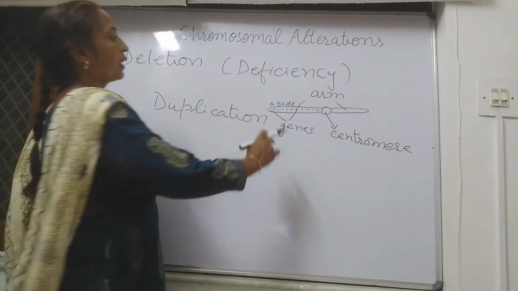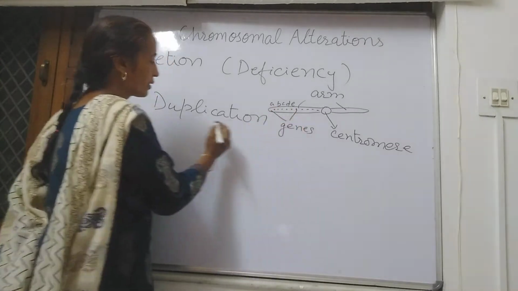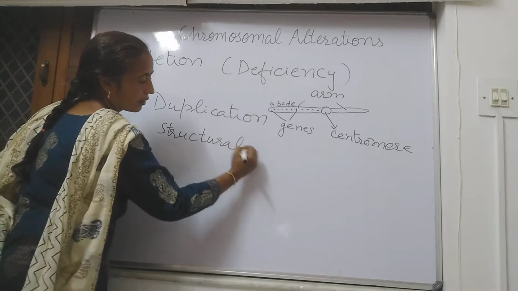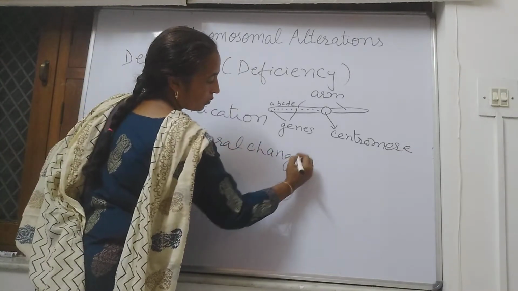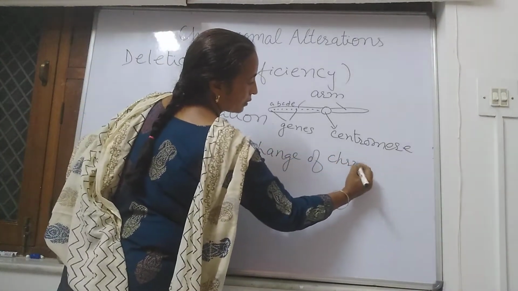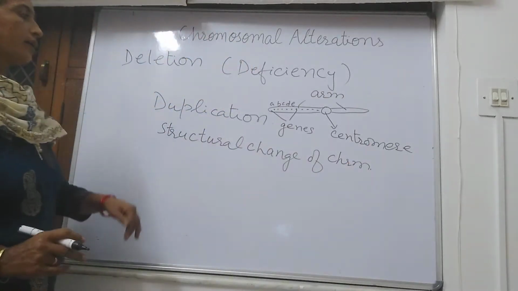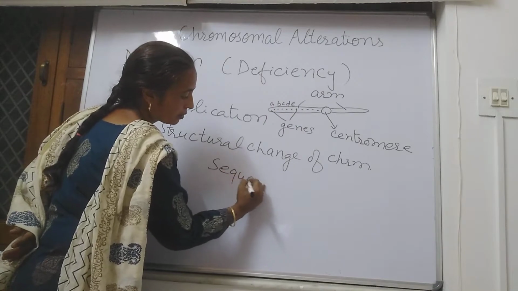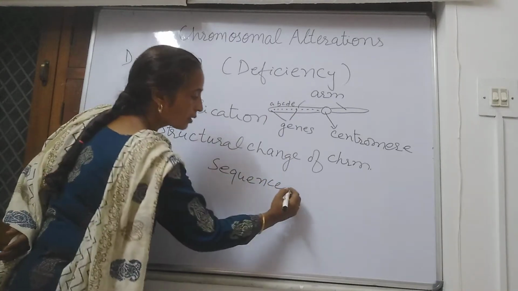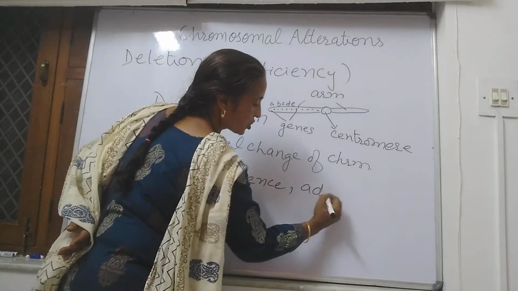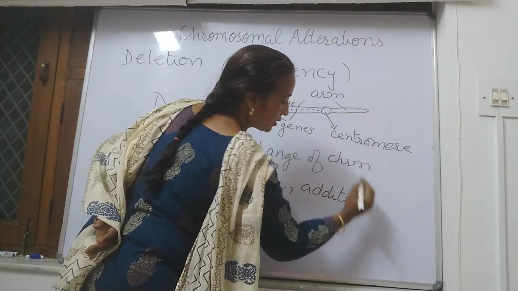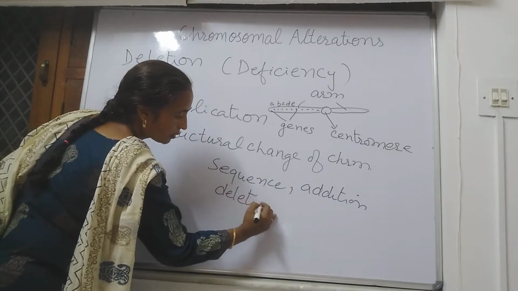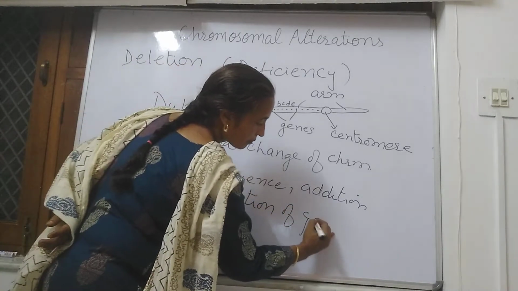In chromosomal alteration, there is structural change of chromosomes. Either there is change in sequence of genes, or there is addition of genes, or deletion of genes.